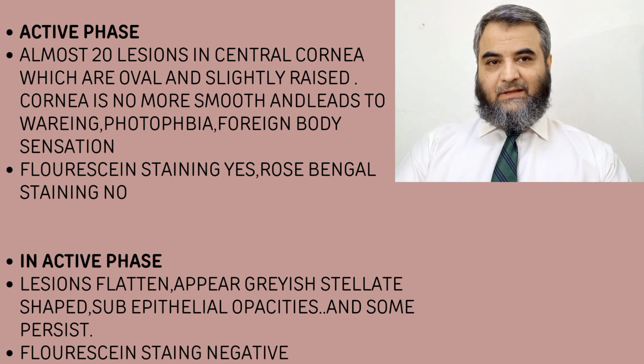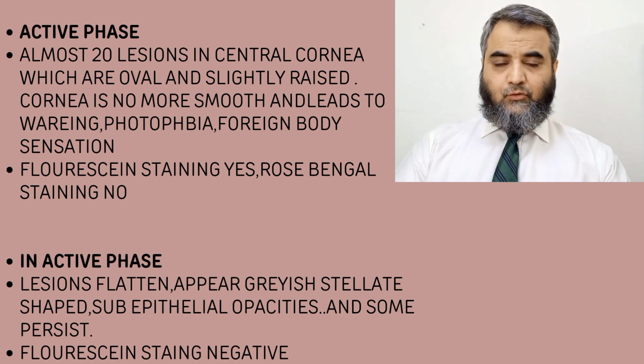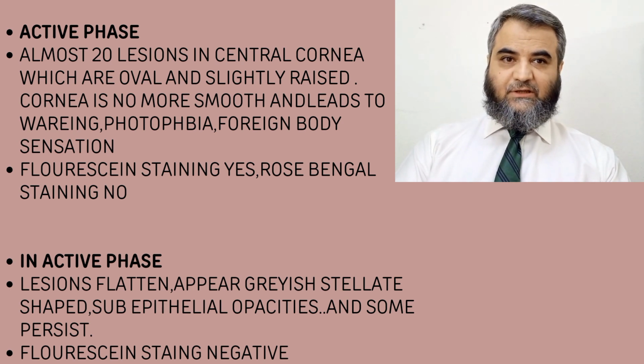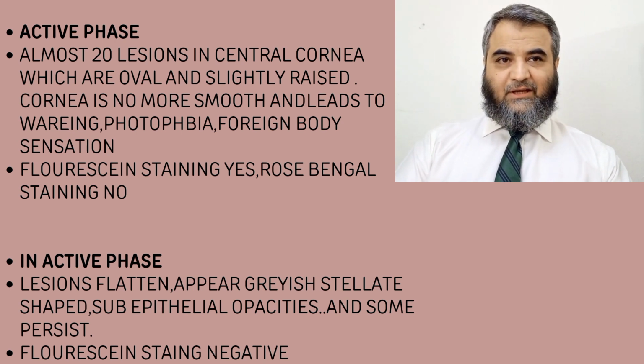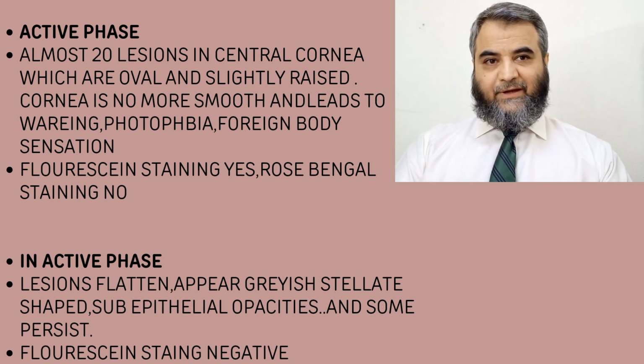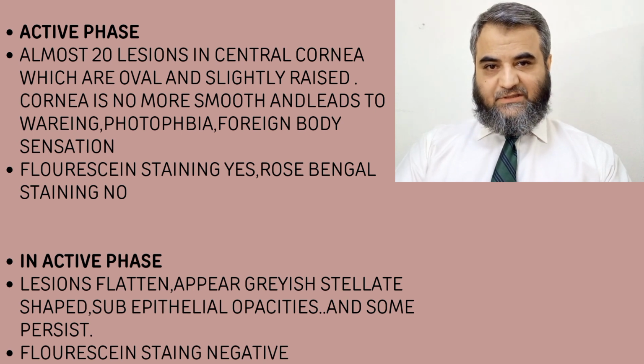Now we talk about the inactive stage. During the inactive stage, these elevated lesions start flattening, and they take on a grayish, stellate-shaped appearance, as subepithelial opacities, and usually they fade away, but sometimes they persist.